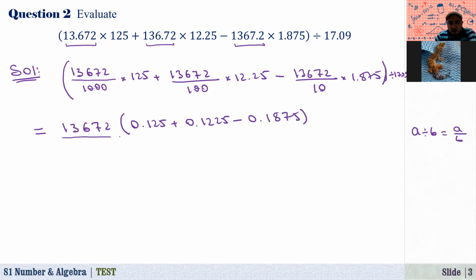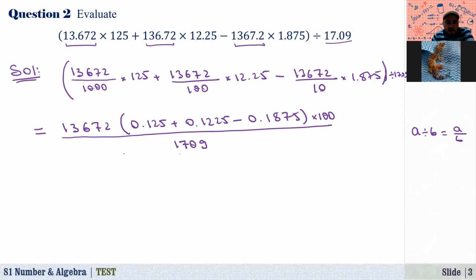And here over, okay, and also the 17.09, I can write as 1709 divided by 100. But that 100, I can write it here.